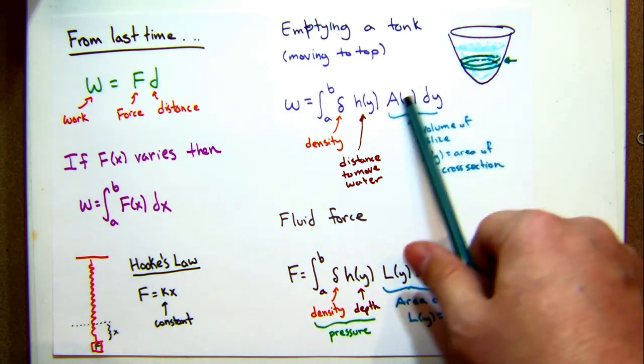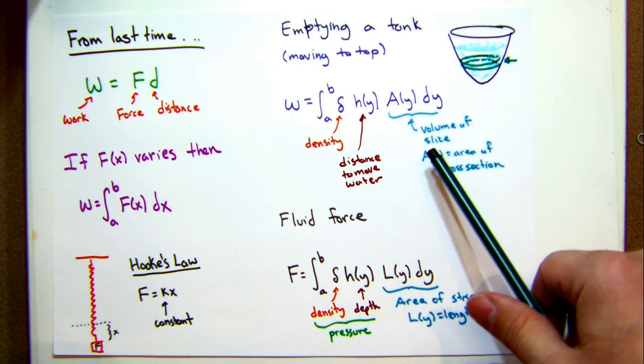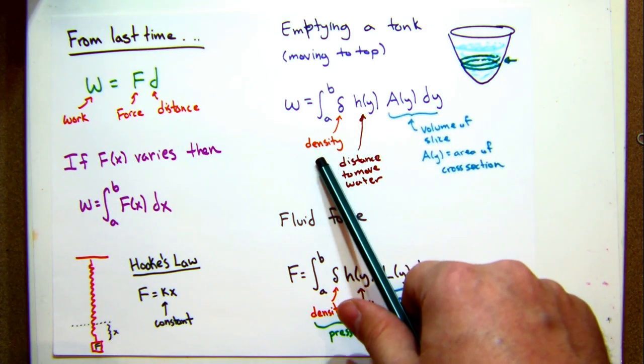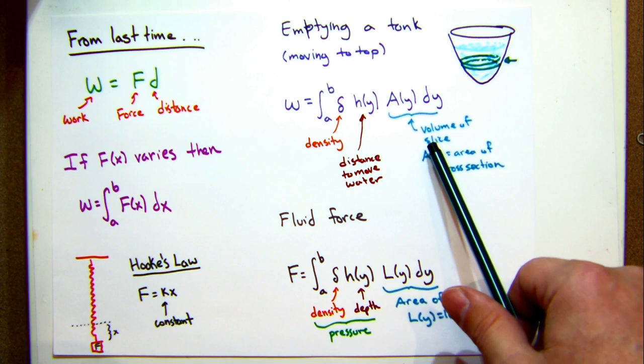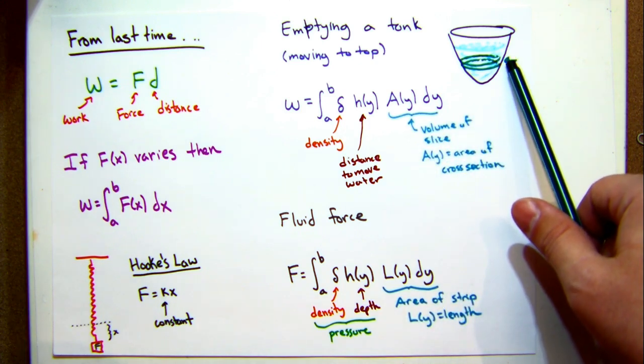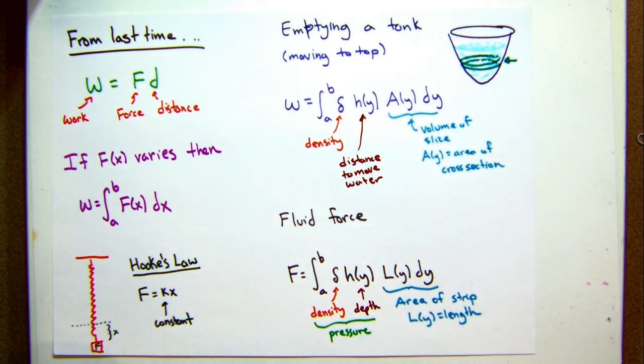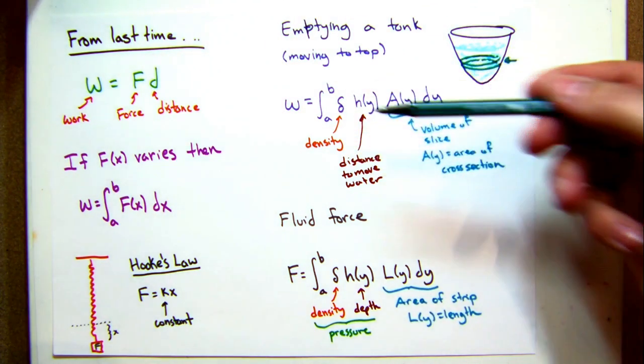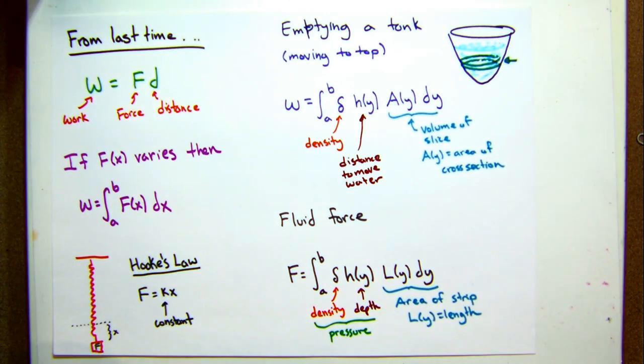So that's the area of the cross-section times dy, which gives me the volume of my slice. Now that's not my weight, that's my volume. But when I multiply it by density, density times volume, that is my weight. So it's the weight times how far you have to move it up. That's my little bit of work to move that little bit of the water, and I add it up over all of those, which is integration.